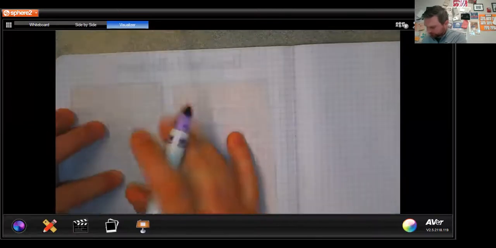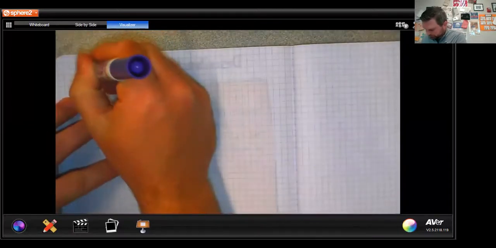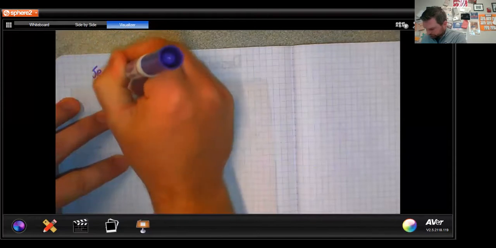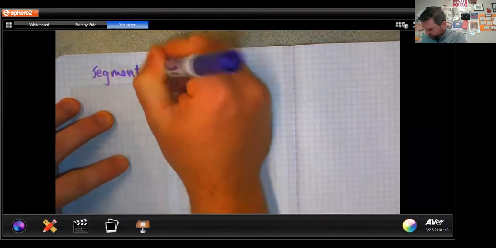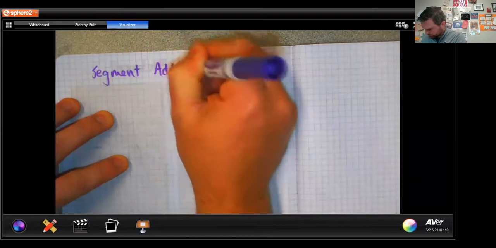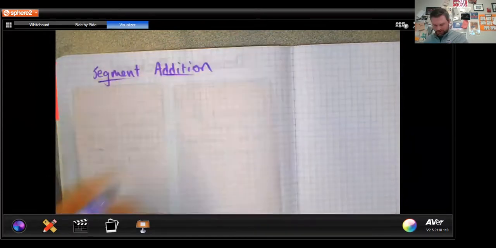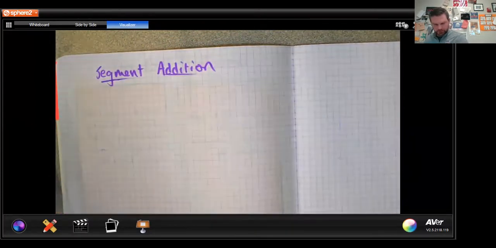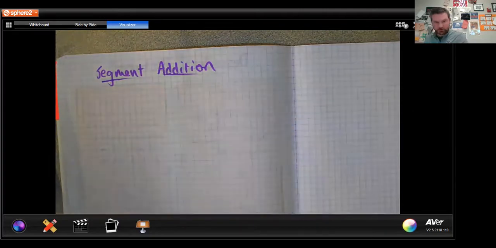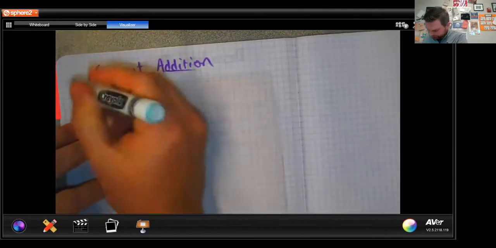So we're gonna get going here on page 12. Segment addition. So segment addition, we'll just kind of define it here.